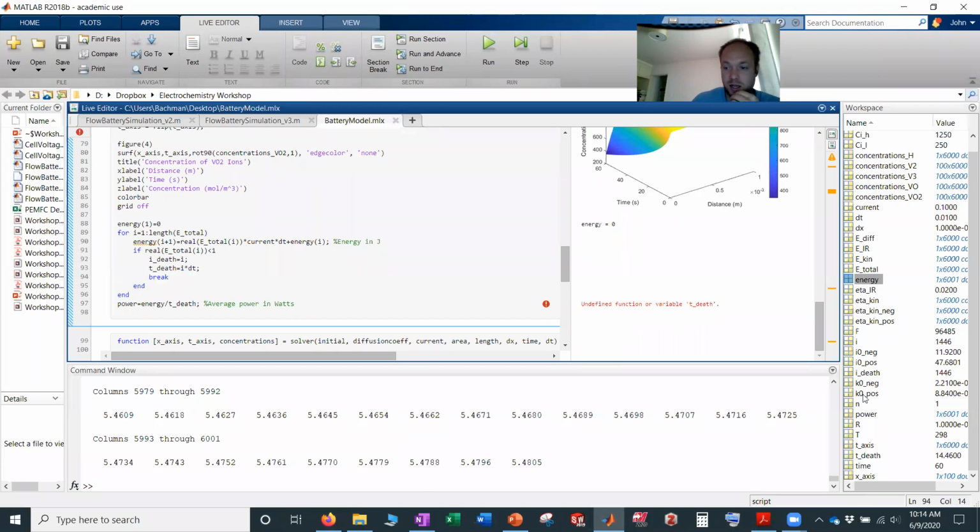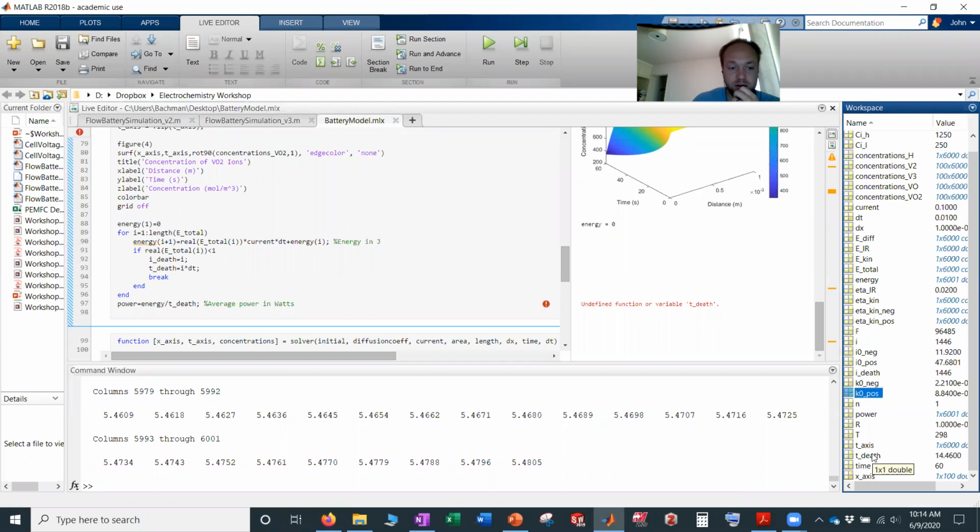So, because I got a t-def now, right? I got a t-def. But for some reason, it still ran.